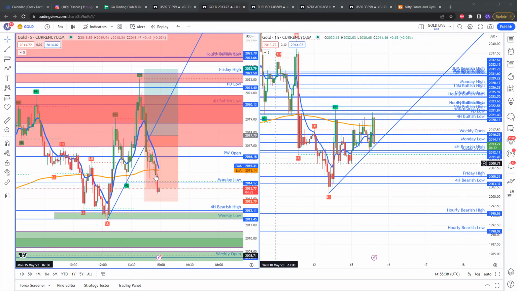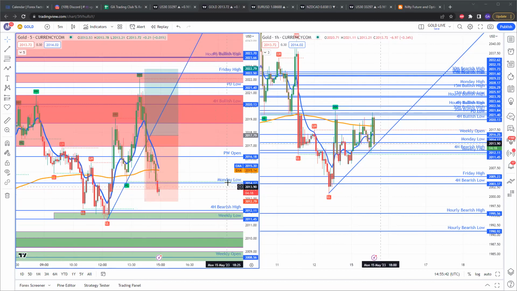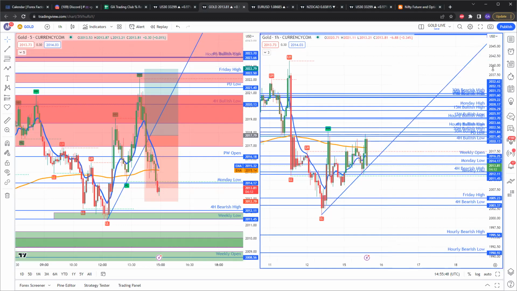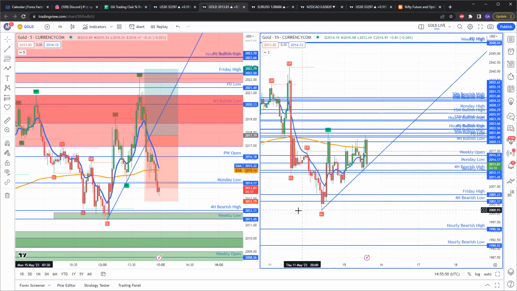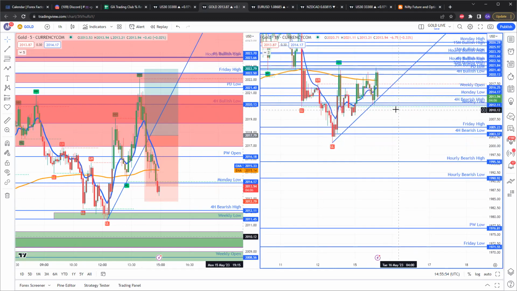My stop loss is somewhere around here. But for me to re-enter this trade, I am still expecting gold to go up. The only time that my bias for gold to the upside will be invalidated will be if this candle or the next hourly candles close like we have this.